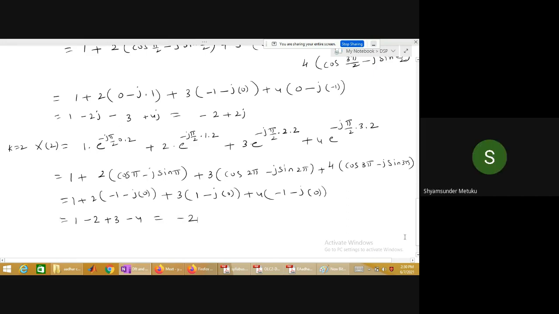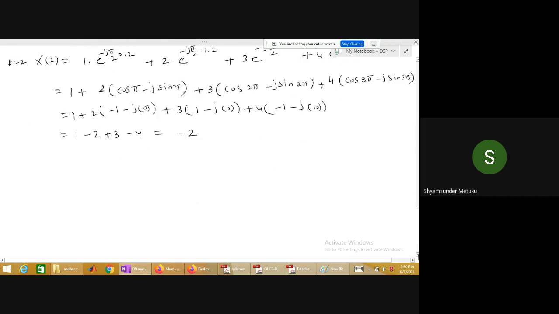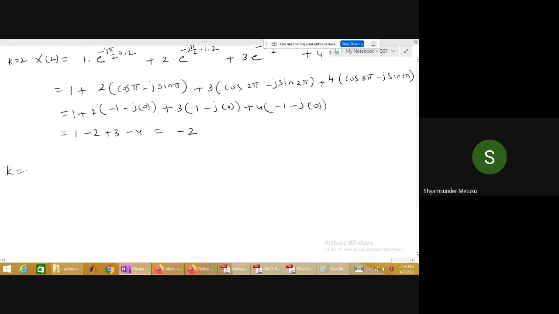Now only one is left, which is k equal to 3. X of 3 is equal to 1 into e power minus j pi by 2 into 0 times 3, plus 2 into e power minus j pi by 2 into 1 times 3, plus 3 into e power minus j pi by 2 into 2 times 3, plus 4 into e power minus j pi by 2 into 3 times 3.